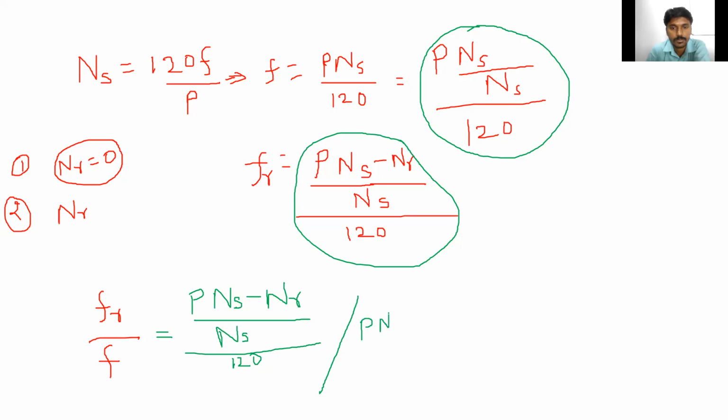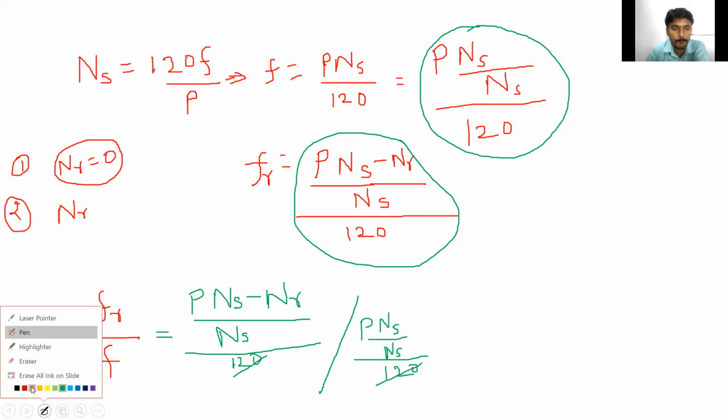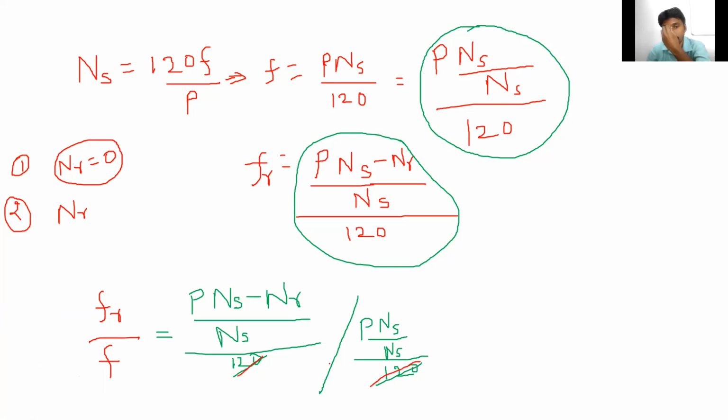P into Ns by Ns, whole divided by 120. So here 120 will be cancelled, P will be cancelled, Ns will be cancelled.